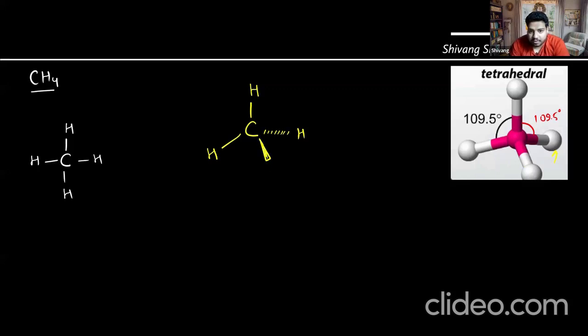You can color it as well if you like being artistic. This is how we should be drawing a tetrahedral in two dimensions. It's three-dimensional. Every angle is 109.5 degrees, right? So it's a tetrahedral and the bond angle is 109.5 degrees. Okay, I hope it is clear. When we have four electron pairs, we are going to draw a tetrahedral.